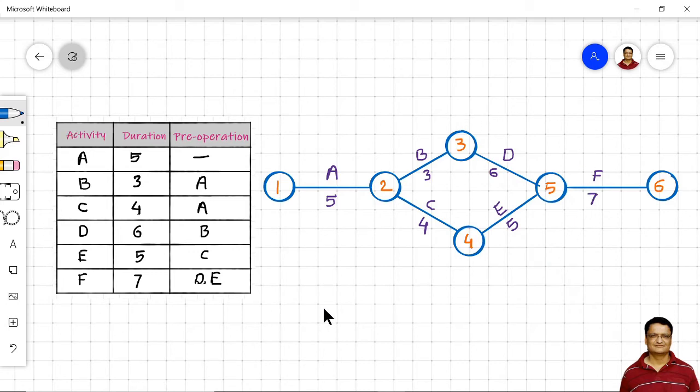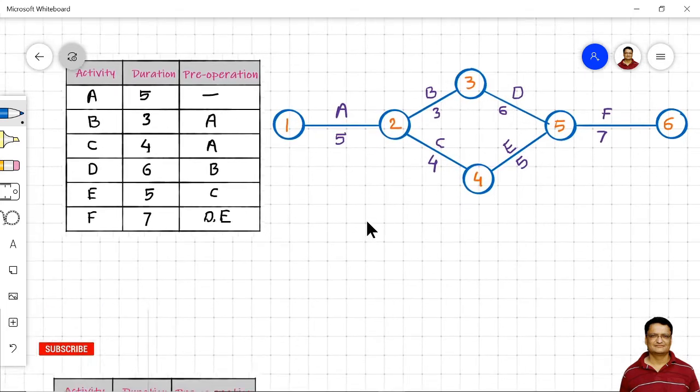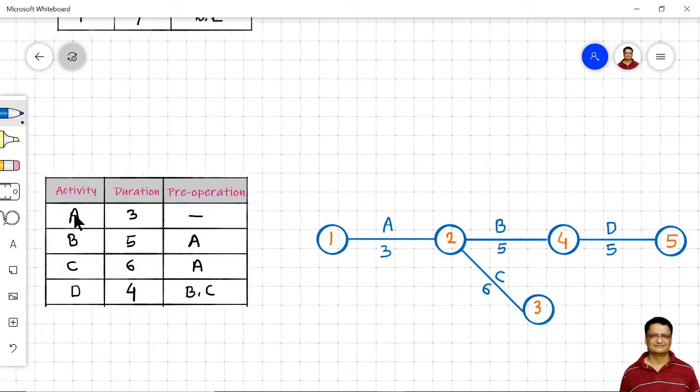Now as you have understood the basics of a network diagram, let us see one example where we have to make use of a dummy activity to complete the network diagram. In this network diagram there are 4 activities, and the duration of each activity is given, and the precedence of each activity is also given.